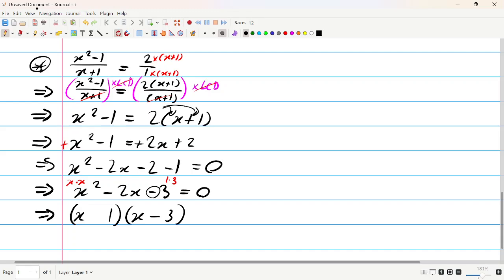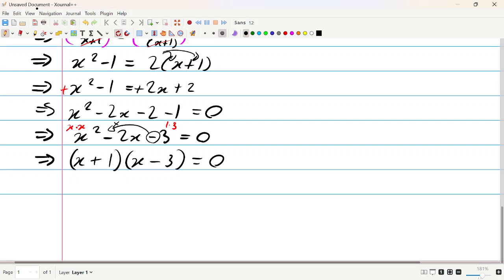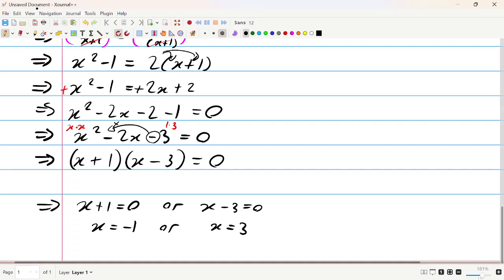The remaining sign multiplies with the first operation, negative and a negative gives you a positive, equals 0. Therefore x plus 1 equals 0 or x minus 3 equals 0. From here, x can be equal to negative 1 or x is equal to 3.